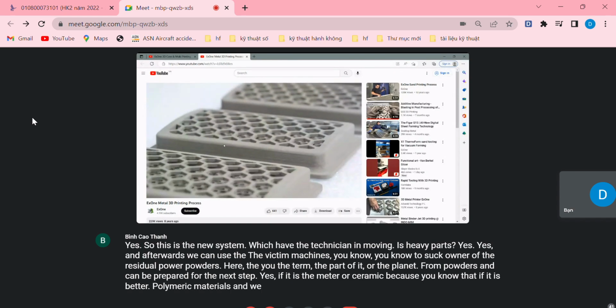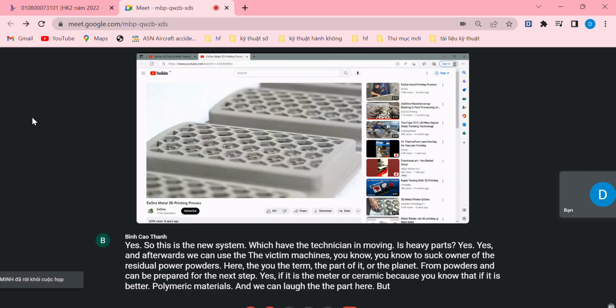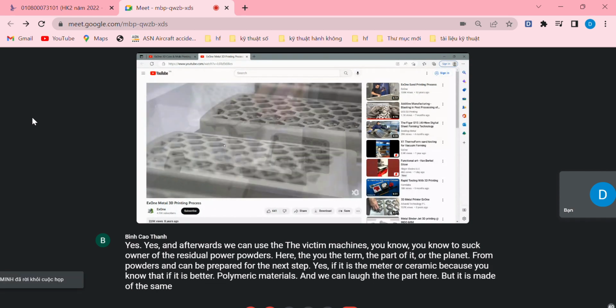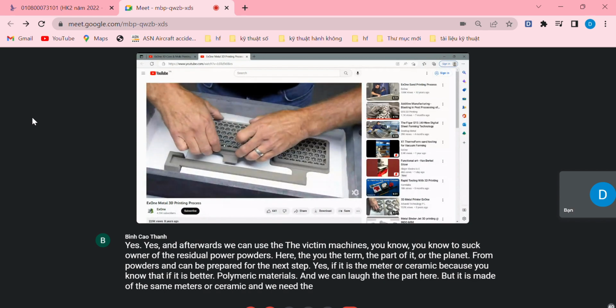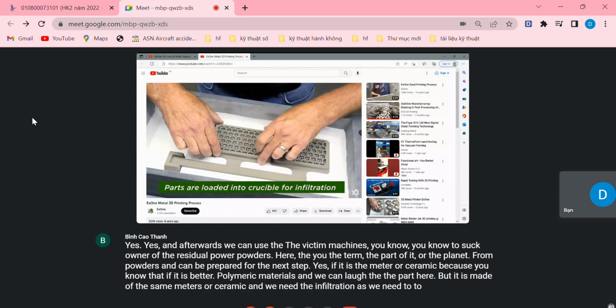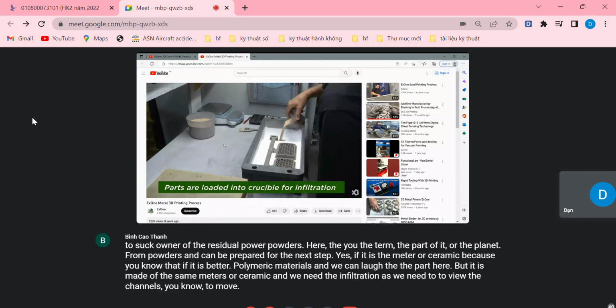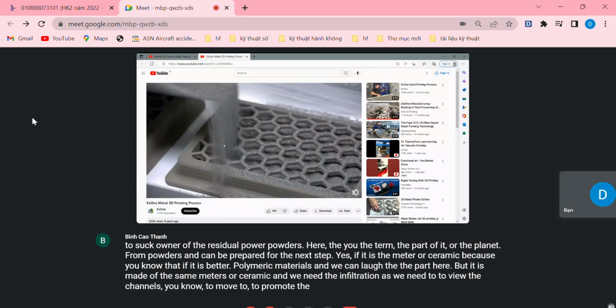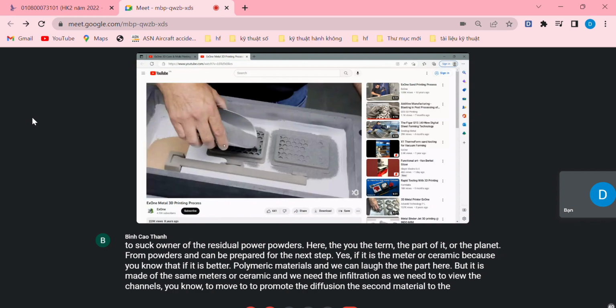But if it is made of, let's say, metals or ceramic, we need the infiltration, as we need to build the channels in order to promote the diffusion of the second material into the part.